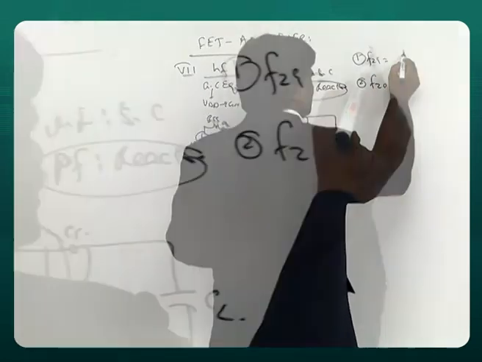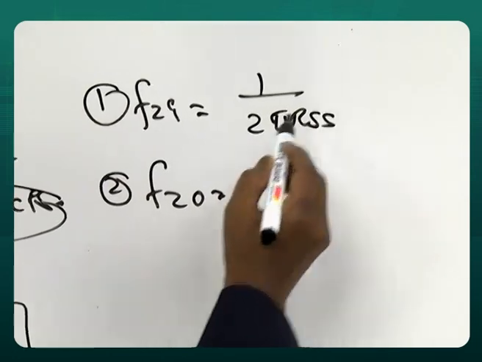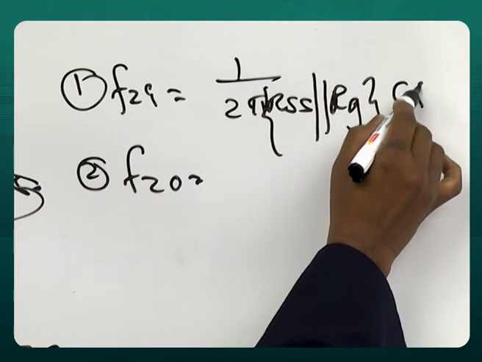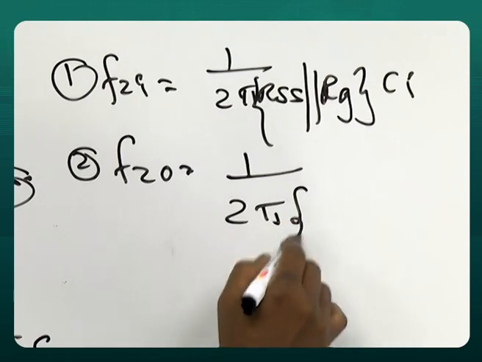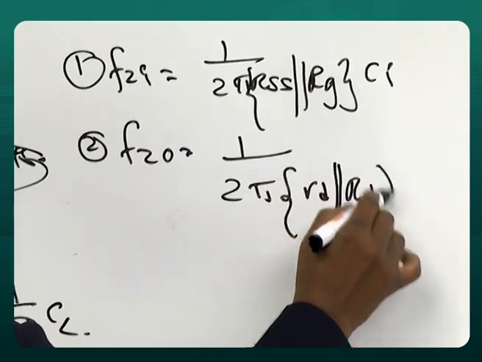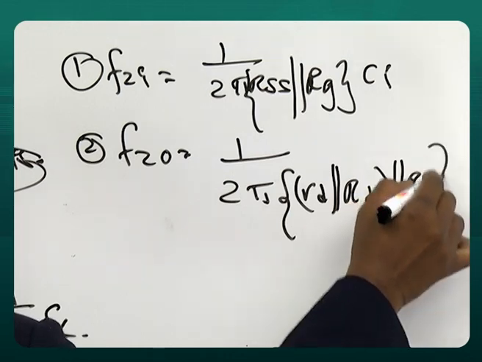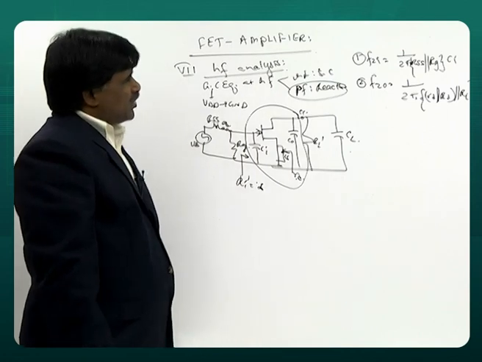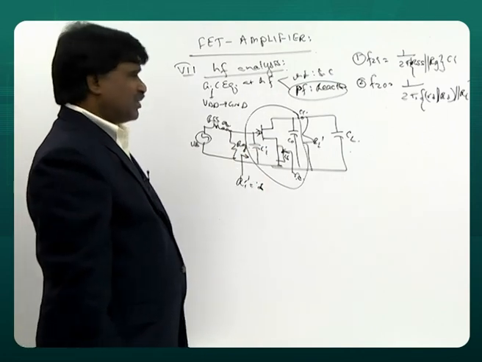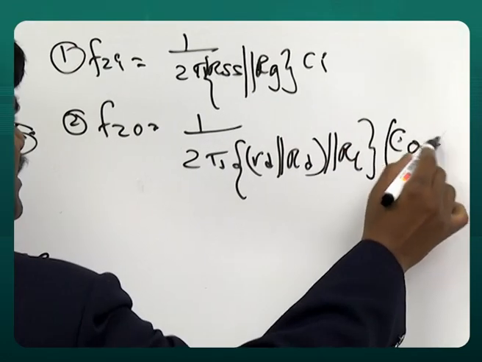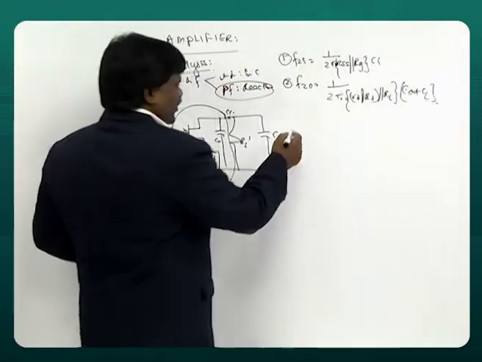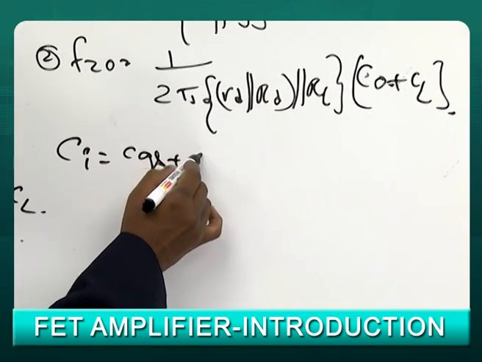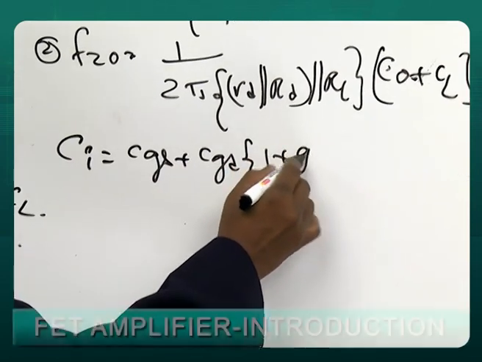What is input cutoff here? 1 by 2 pi, RS parallel RG, into CI. And the output is 1 by 2 pi, small rd parallel capital RD parallel RL, into CO. So CI is input capacitance, CO is, in fact, we better say CO plus CL, where CI is equal to CGS plus CGD into (1 plus gm RL).